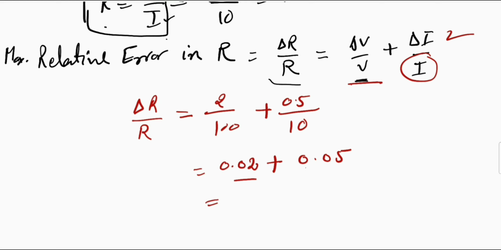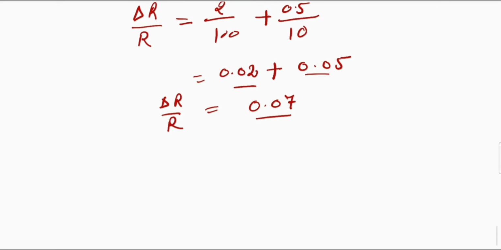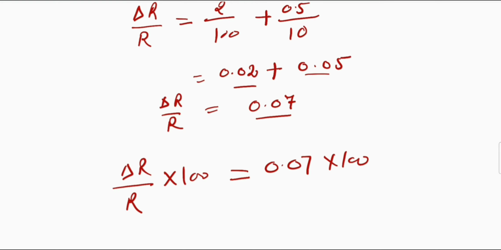If we add these two, we'll get 0.07. So this is the relative error in R. Here we have to find out the percentage error in R. So the percentage error in R is equal to the relative error in R multiplied by 100, which is equal to 0.07 into 100. So this is equal to 7%. So this is my answer here.